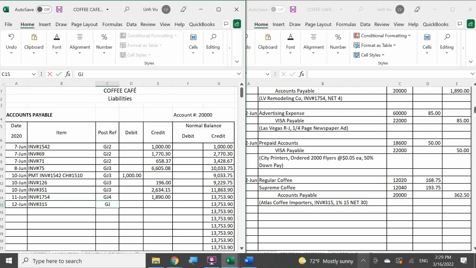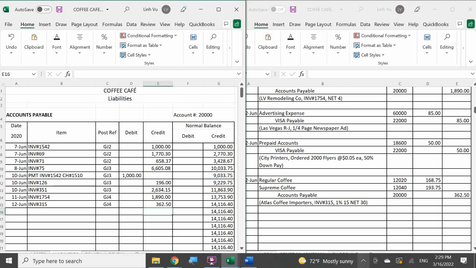Okay, we're still on General Journal page 4, and we increased our liabilities by $362.50. Okay, which will increase our liabilities from $13,000 to $14,000. Okay, once again, not looking too good here. We're owing a little too much here, and we don't have enough money in the bank to pay for this.